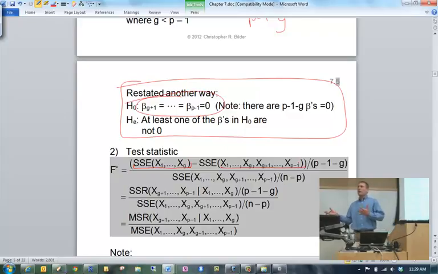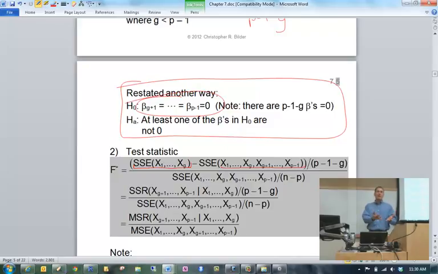So again, remember, if this difference is small, then that says, well, these extra variables are not really reducing your sum of squares much. If this difference is large, then that says, oh, something's going on with these extra predictor variables. They're helpful. They're actually reducing your sum of squares by a lot.